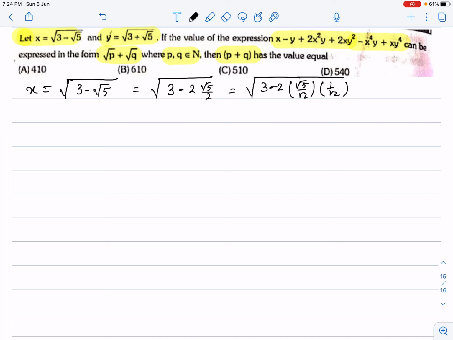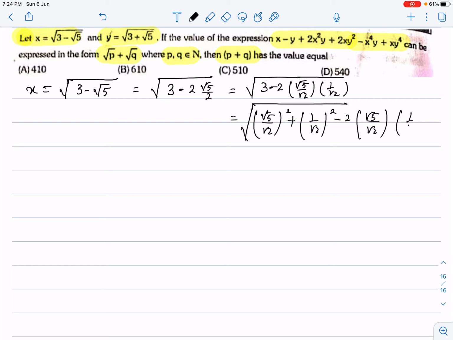Then we have the a minus b whole square identity, so I can use that identity to rewrite it like root 5 by root 2 the whole square plus 1 by root 2 the whole square minus 2 multiplied by root 5 by root 2 multiplied by 1 by root 2. So guys, we got one identity over here, a square plus b square minus 2ab, which can be written as root 5 minus 1 by root 2, as the value of x.